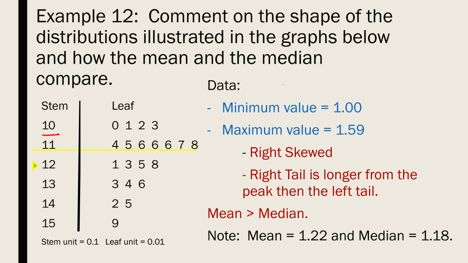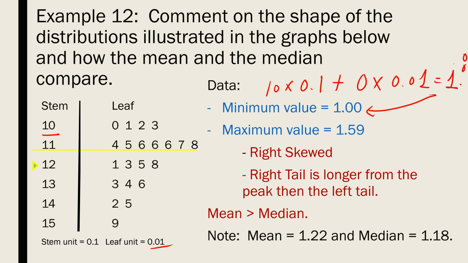The smallest stem number is 10, and we multiply 10 by the stem unit 0.1, and we add the smallest leaf number, which is 0, times the leaf unit 0.01. We still have 1. That's how we have the minimum value, 1.00.